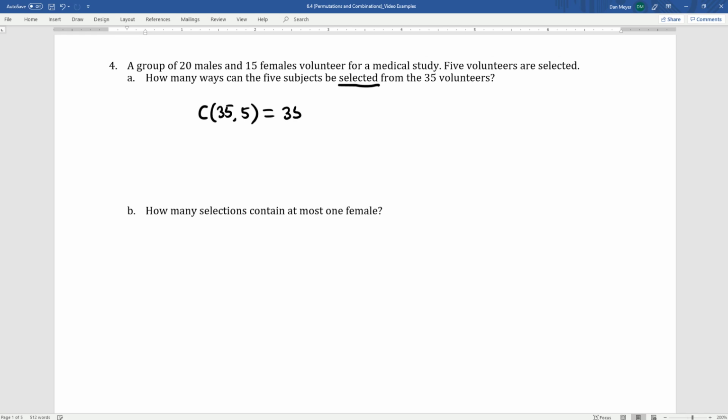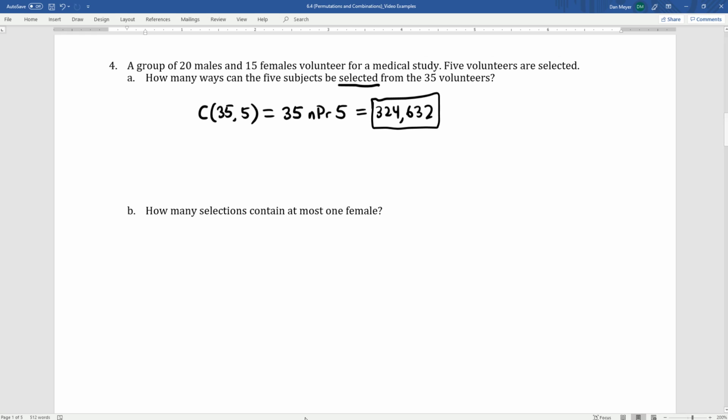On the calculator, you might type in something like 35 choose 5, and you would get an answer of 324,632. All right, so that is just a straight up combination problem.